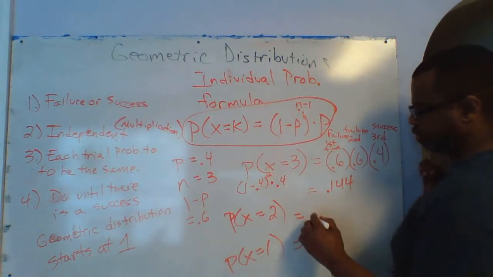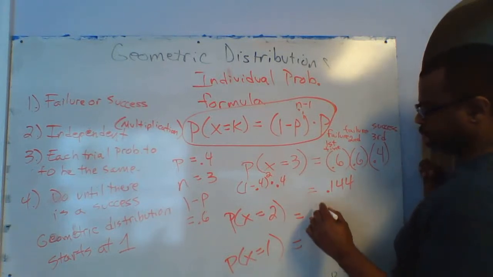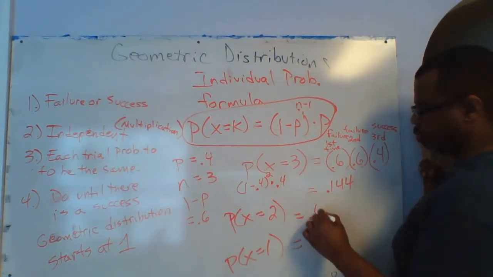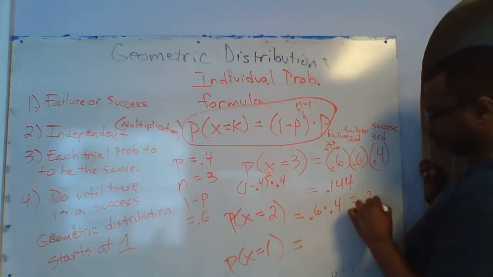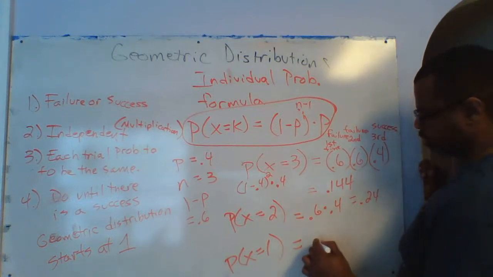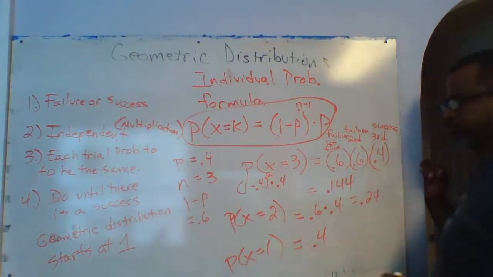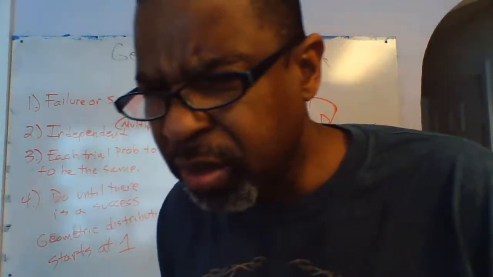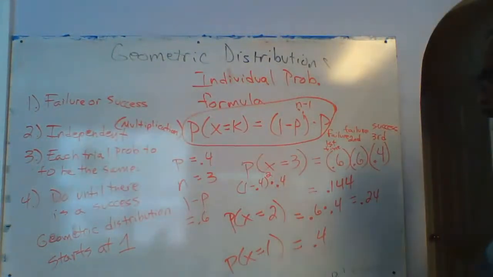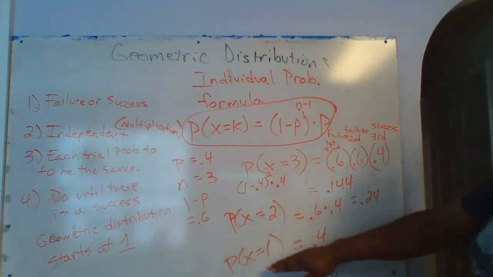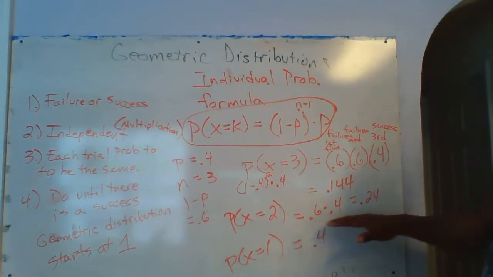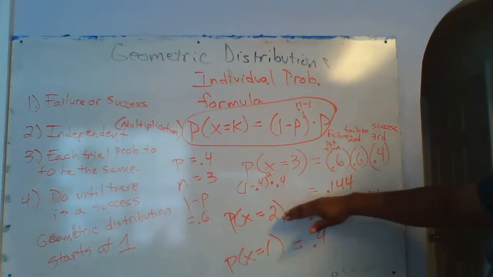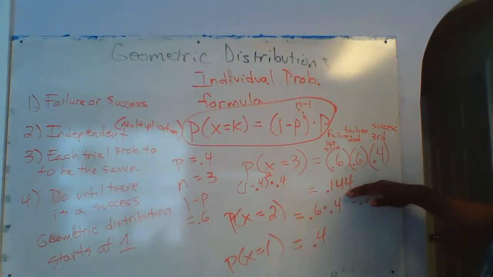So that should be the probability of 0.6 times 0.4, and that's 0.24. Then this is just going to be 0.4. What do you notice? If my first is going to be a success, that's going to be 0.4. The second time it's going to be 0.24, the third time it's going to be 0.144.